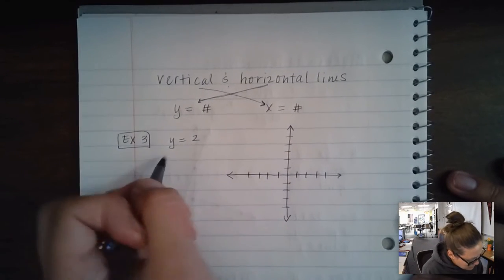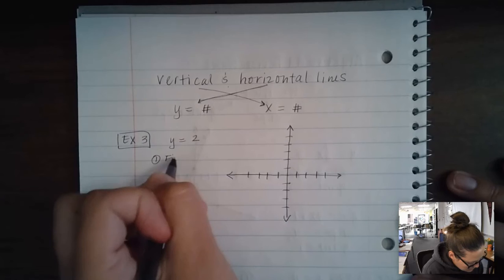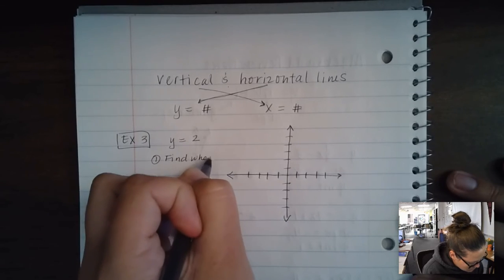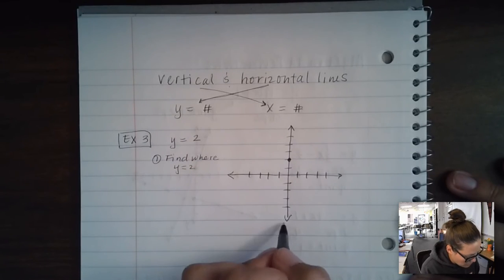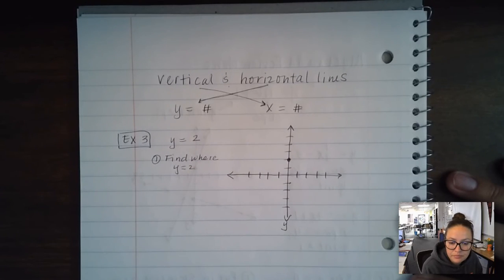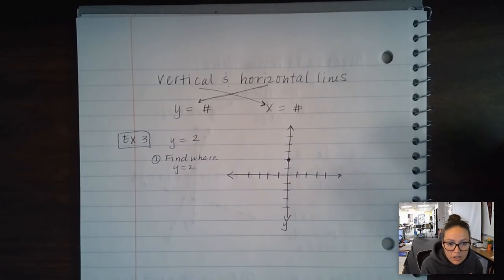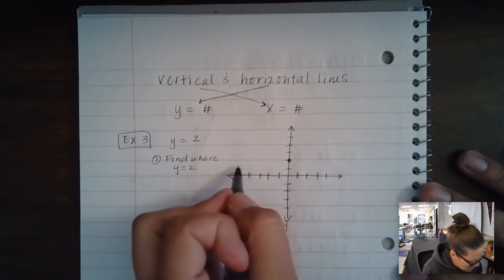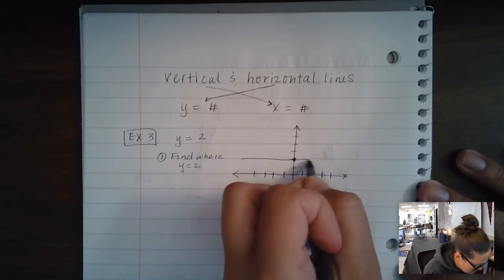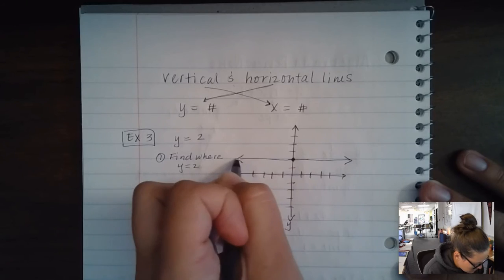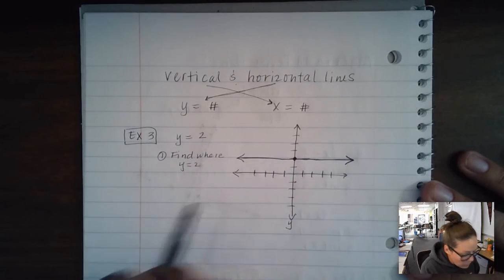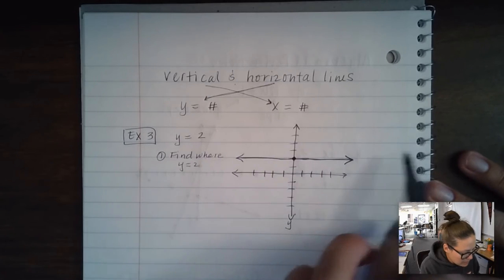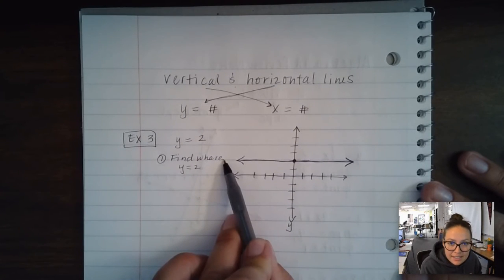Okay, so I'm going to find where y equals 2, which is right here on the y-axis. And then all you're going to do is draw a horizontal line at that height.